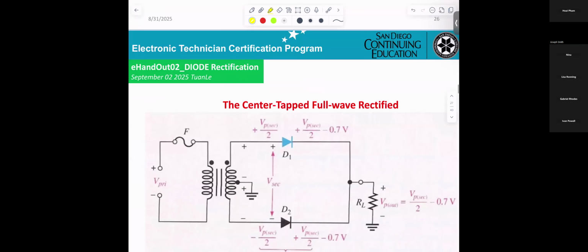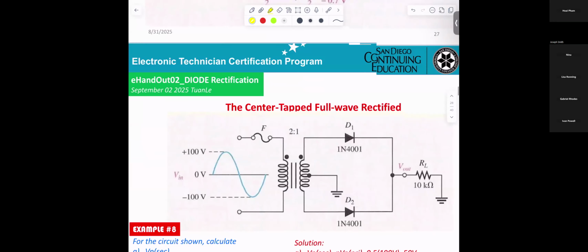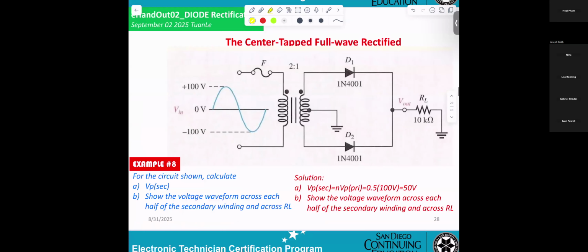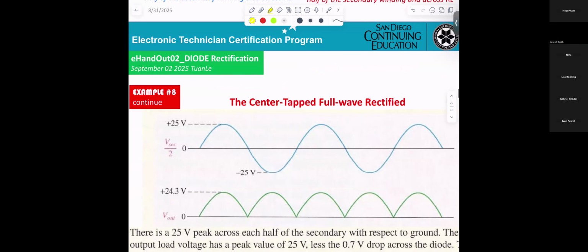That's just a formula. You need time to go to the example.